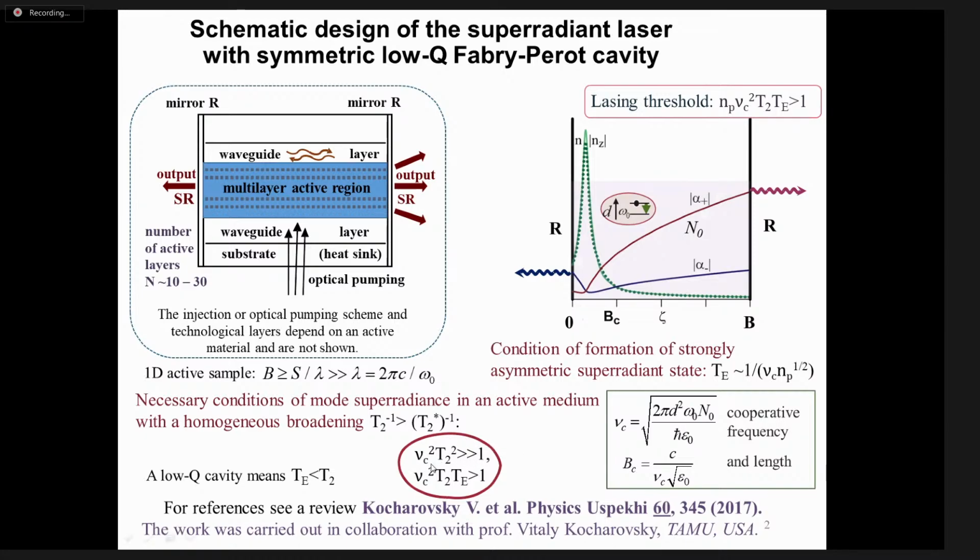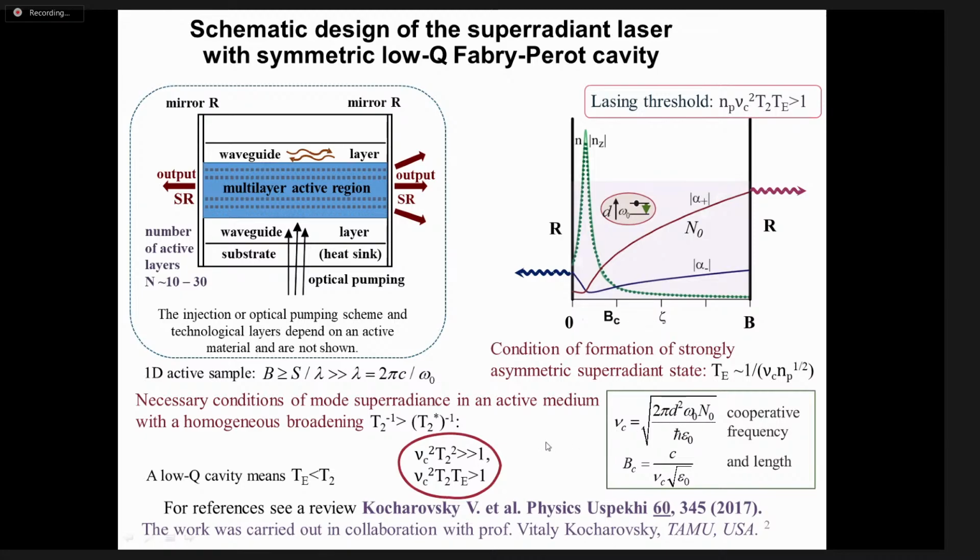Here is shown the necessary condition that the relaxation time of polarization should be greater than the so-called inverse cooperative frequency. The cooperative frequency is defined mainly by the density of the active centers and the dipole matrix element of dipole moment of the active centers.